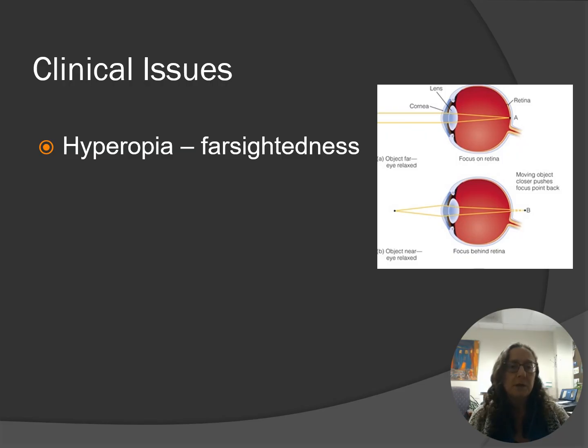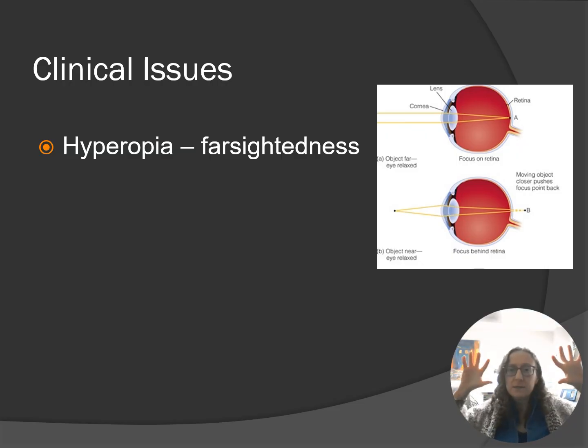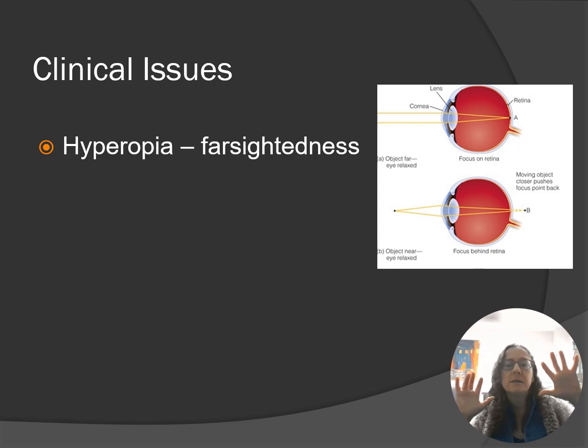In hyperopia or farsightedness, it's really that the lens and cornea are not doing enough bending, and so when they go to bend the light, it's not getting focused on the retina. It would be focused somewhere behind the retina, but instead what we see at the retina is going to be a blurred image.